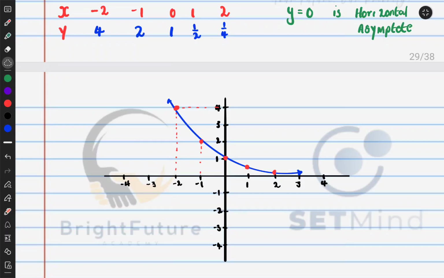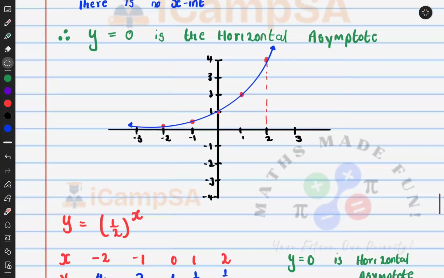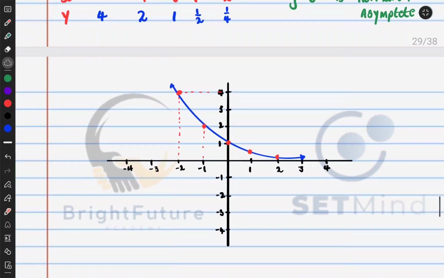Therefore our function is decreasing. So those are the two mother graphs of exponential functions. Anything else that we are going to do would be just variations of these two basic mother graphs.